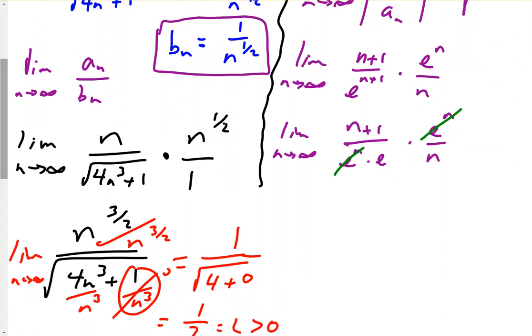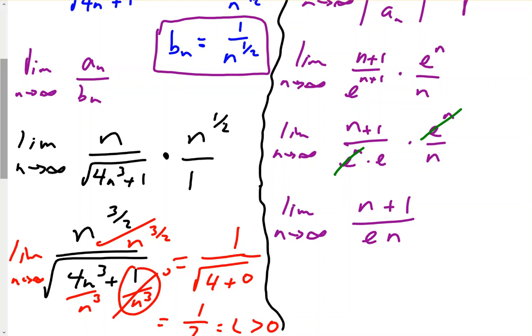Okay, so let's continue further. So that means then we have the limit as n approaches infinity of n plus 1 over e times n.